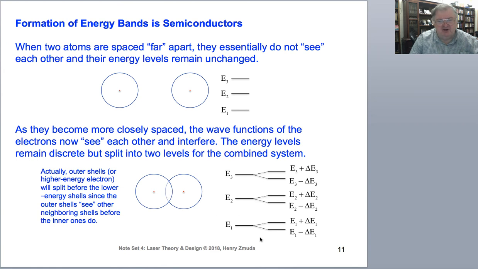So two hydrogen atoms would split. E1 would split into E1 plus delta E1 and E1 minus delta E1, bonded and anti-bonded. Same thing for level 2, E2 plus delta E2, E2 minus delta E2.